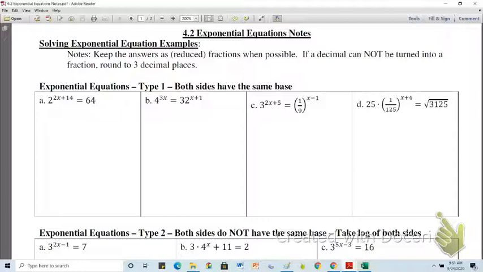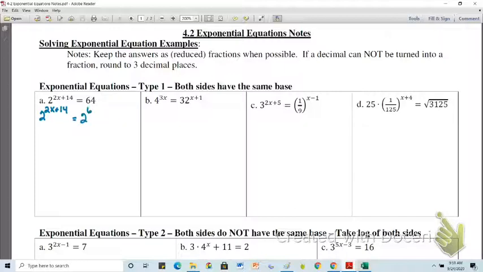The first type of exponential equations we're going to look at is where both sides can be written in the same base. So if I look at A, my common base is 2. So that means the left side is 2 to the 2x plus 14. And 64 can be rewritten as 2 to the 6th.